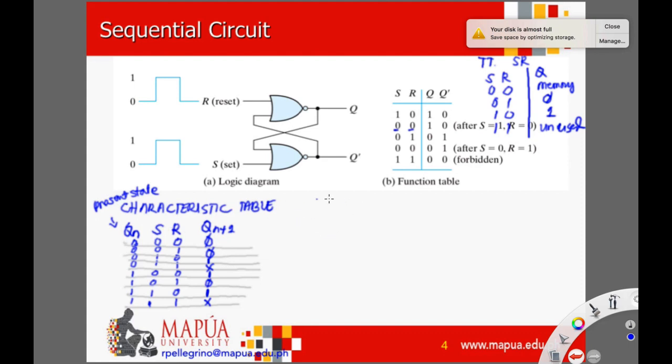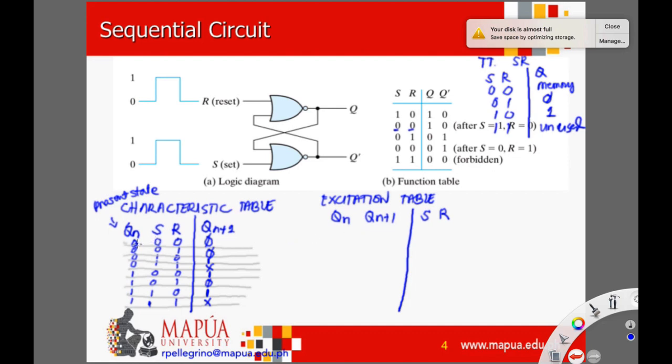And for the excitation table, in this case, what do we have here? In the excitation table, you have the present state and the Qn plus 1, and this is our output. For our output here, we will get the S and R. What are the possible combinations?